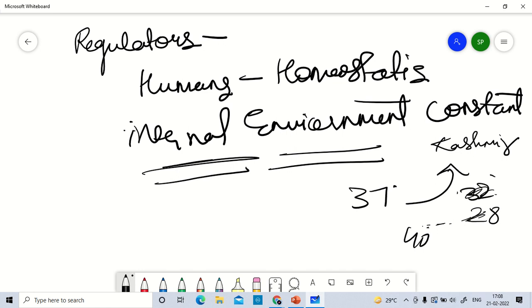So we are capable. Apart from mammals and birds, there are very few lower vertebrates and invertebrates which are capable of thermoregulation as well as osmoregulation. Evolutionary biologists believe that the success of mammals is due to their ability to maintain constant body temperature.